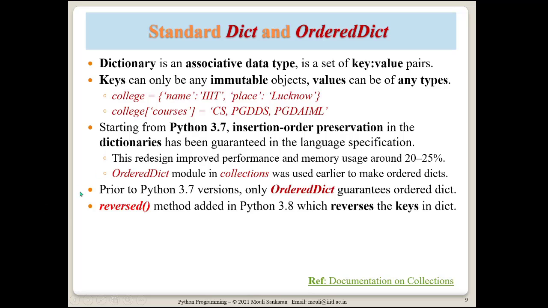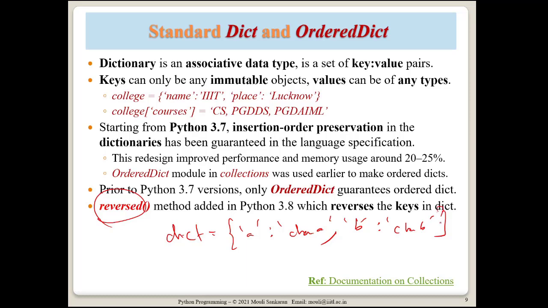Now another function, reversed. Okay, so suppose you have a dictionary. I will explain what the function is, but maybe we'll see a program also so that you will understand it. Suppose you have a key A with character A, comma, key B, colon, character B. So these are the values.